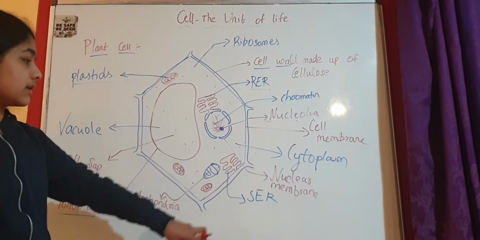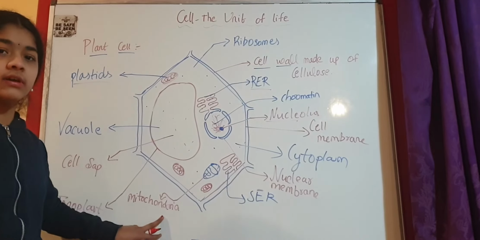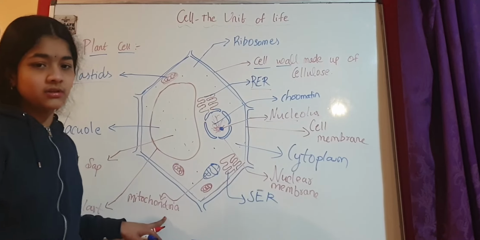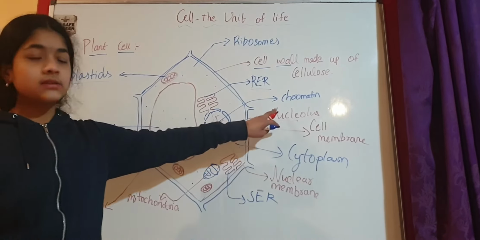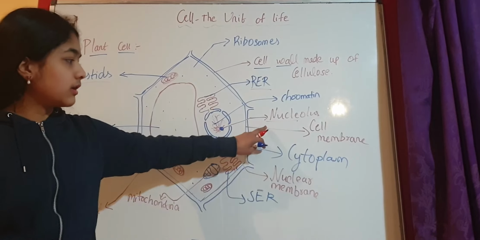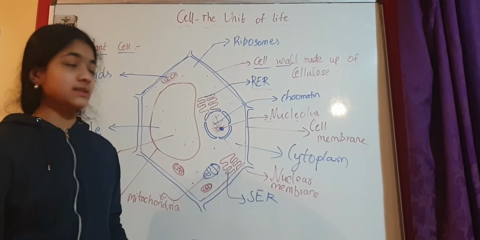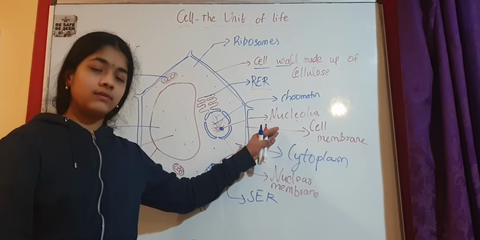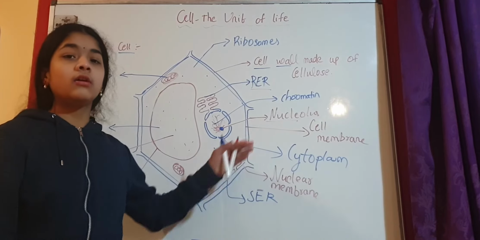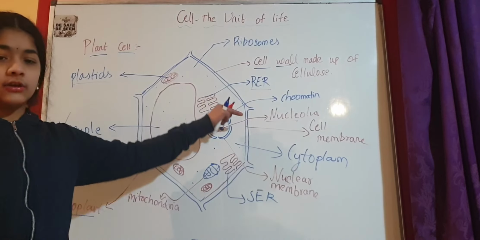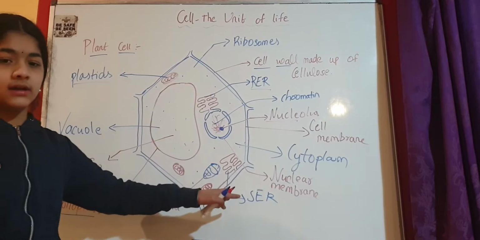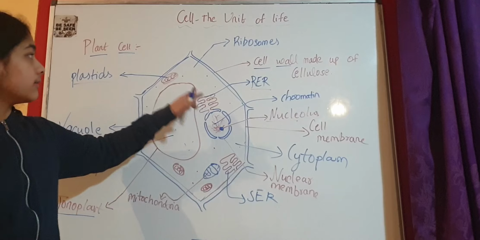And we have taken a look at mitochondria. Mitochondria helps in cellular respiration. And nucleus, chromatin, nucleolus, nuclear membrane. These are the parts of the nucleus. We have taken a look at the important one, which is cell membrane, or plasma membrane, or biomembrane. Next, endoplasmic reticulum, RER, SER, and plastids.